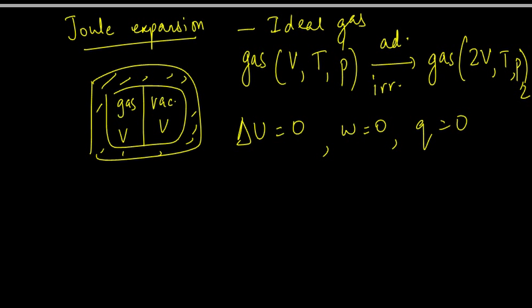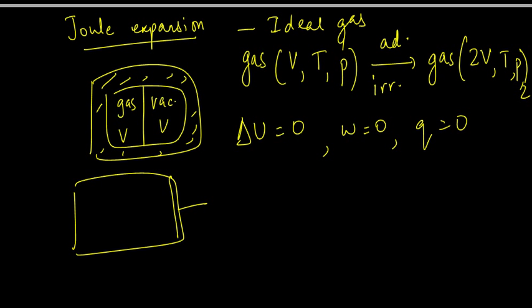So this is a spontaneous process, an irreversible one, but if we want to calculate delta S, then what we need is to find a reversible path, right? So let's compress the gas reversibly. That means slowly, I have a piston over here, and slowly I push this piston and compress the gas reversibly.